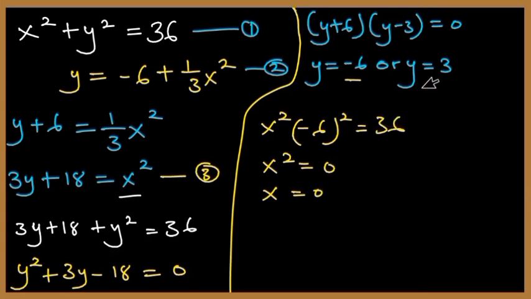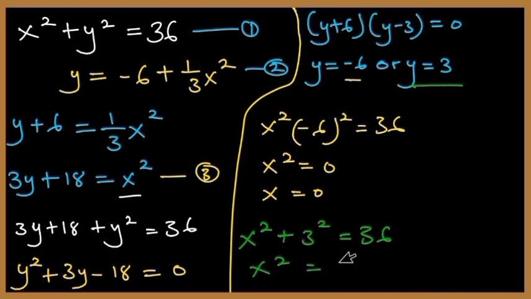Now, let's take when y is positive 3. My x squared will be plus 3 to the power of 2 equals 36. So my x squared will be equal to 27.